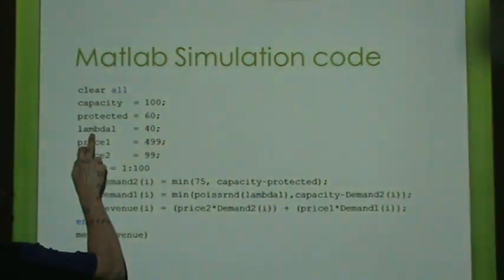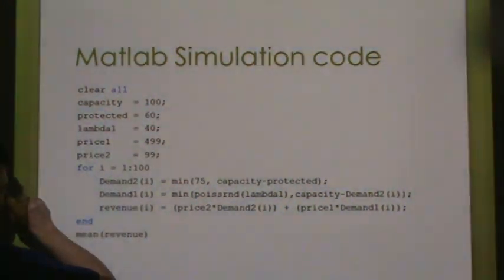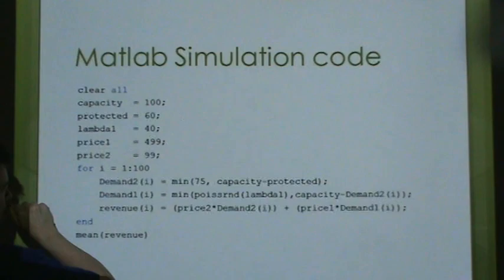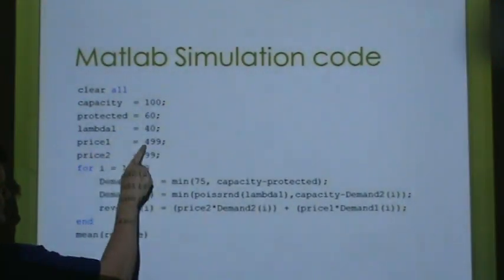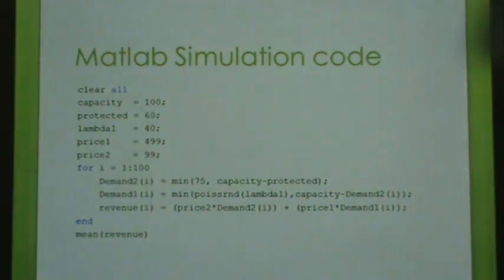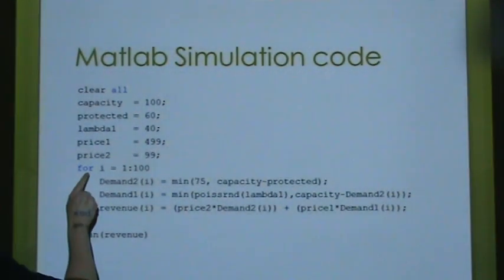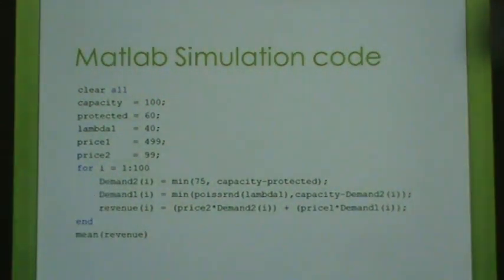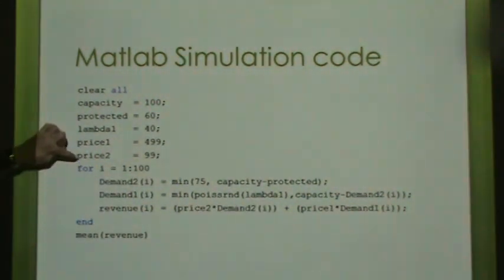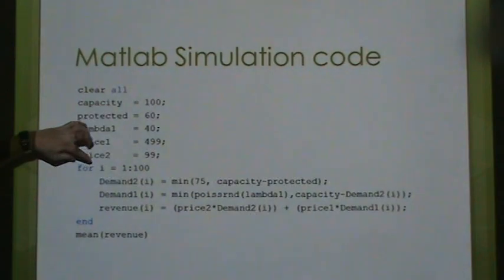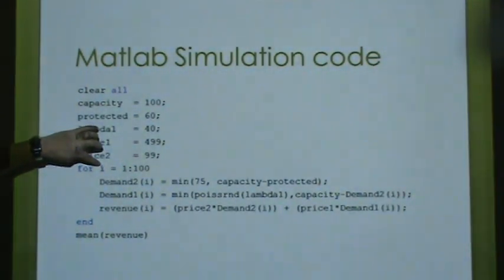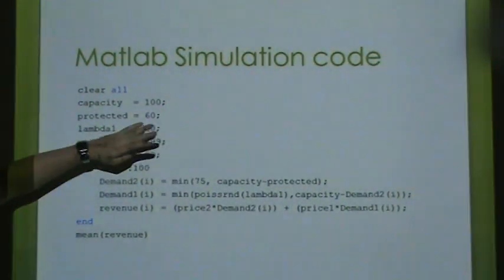So we decided to let lambda 1 be 40, and then the higher price is $499, the lower price is $99. And then we're using a for loop in programming. That would mean we're going to do what's in this area for every value of i between 1 and 100.